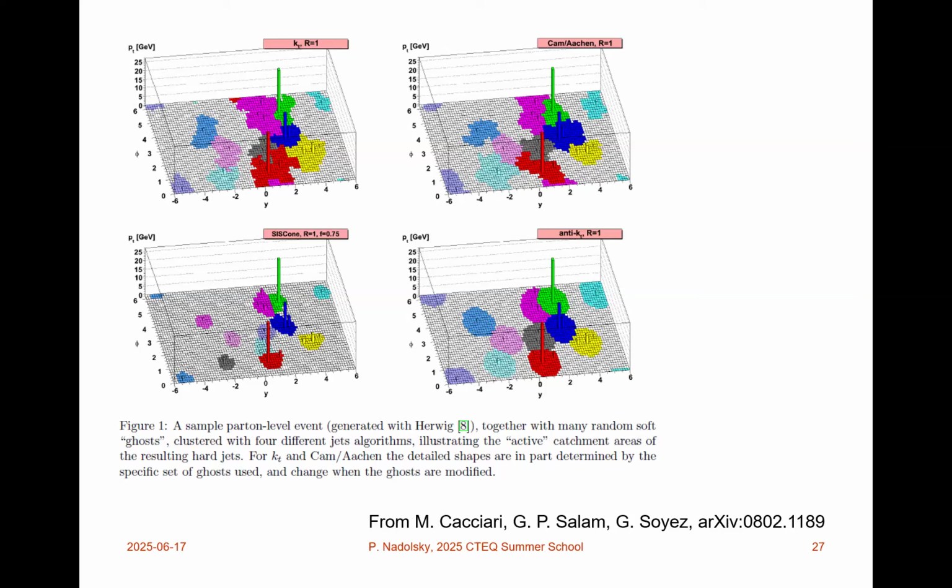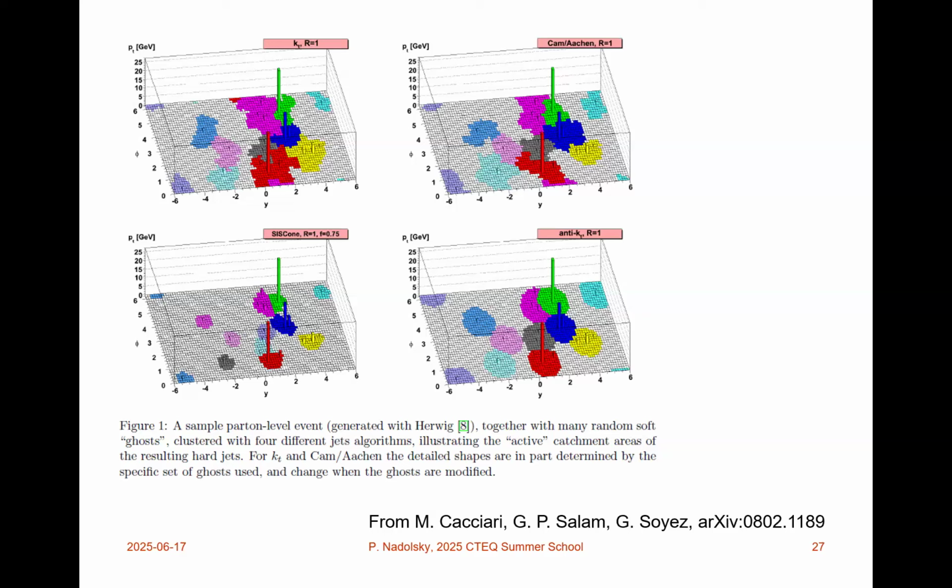Here is an example from the very famous paper that introduced the anti-kT jet algorithm, which shows how various particles are clustered into jets depending on the type of algorithm. It's essentially a plane that expands the solid angle into a two-dimensional rectangle.